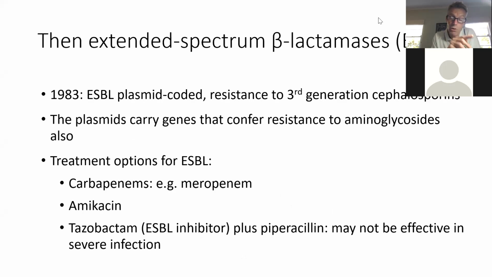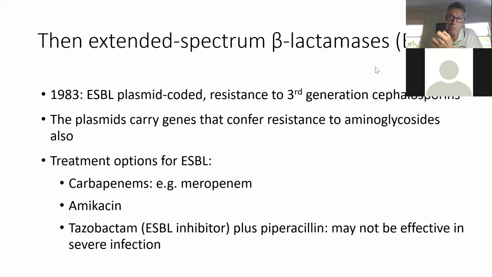As I said, beyond penicillinases and cephalosporinases, we now have extended spectrum beta-lactamase producing bacteria. And this has been a very important change. It's been a concerning change among gram-negative organisms, and most hospitals have problems with extended spectrum beta-lactamase producing gram-negatives.